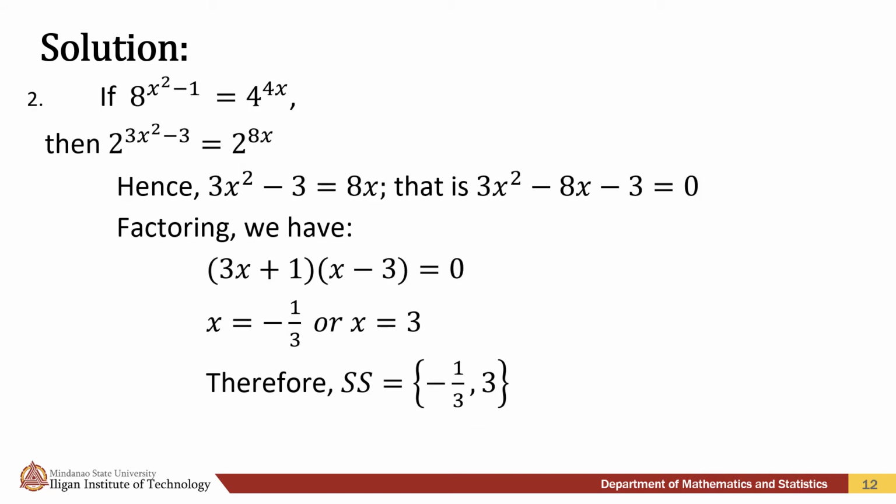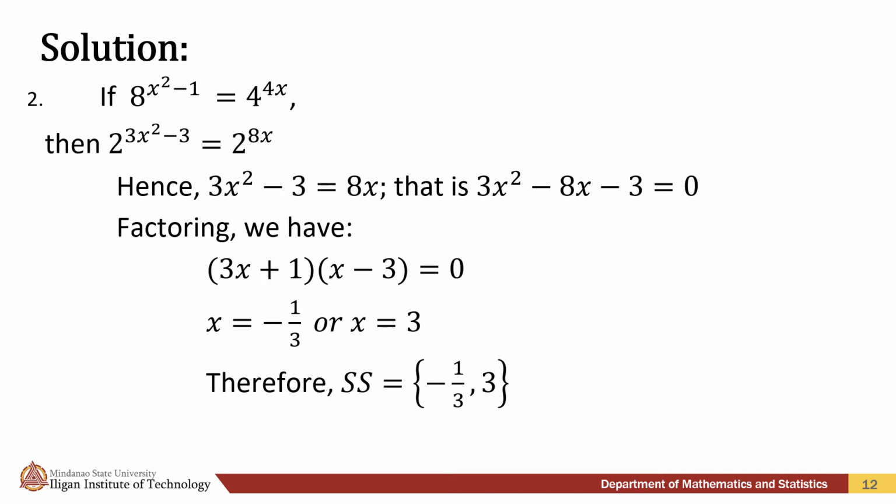Solution for number 2. 8 raised to the x squared minus 1 is equal to 4 raised to the 4x. Now 8 is equal to 2 to the third power. So that 8 to the x squared minus 1 is now equal to 2 to the 3x squared minus 3. On the other hand, 4 to the 4x is now equal to 2 to the 8x, because 4 can be rewritten as 2 to the second power.